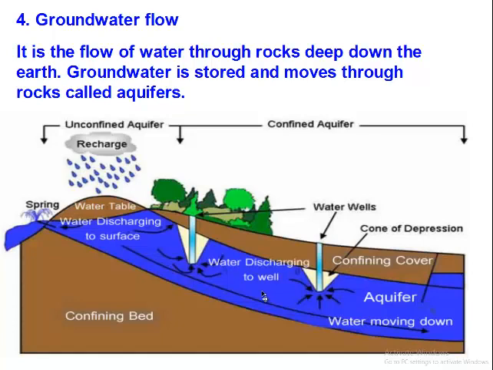They are the saturated rocks that collect water underground. So when groundwater moves through those rocks and flows swiftly, it is known as groundwater flow. So we have throughflow, which flows through soils, and when the water gets to the rocks underground and flows through the rocks, it is known as groundwater flow.